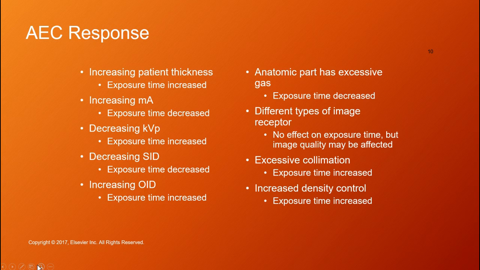They've determined the best mA to use. They have the SID programmed in the system for that body part. So all of these things can be manipulated by the radiographer, but in most instances, they're already pre-programmed for that type of radiograph that you're going to take, okay? So the only thing changing on the AEC side is time.